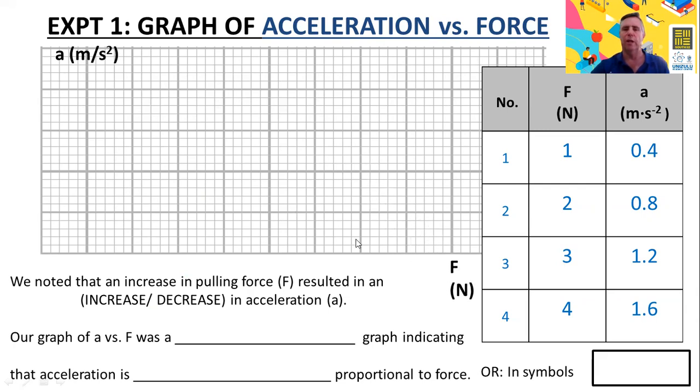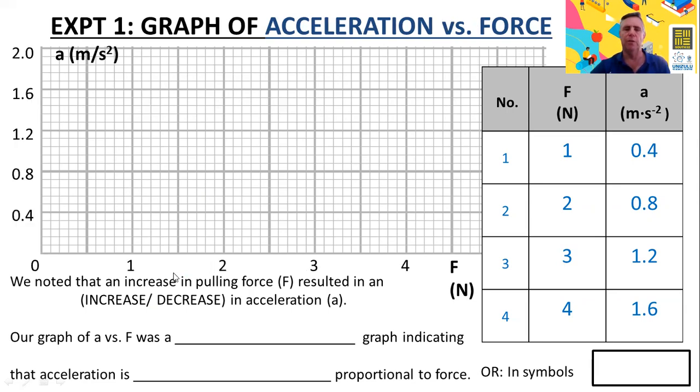On the horizontal axis, we've got force in newtons. Then our scale: we said that we would have 2 large blocks equaling 1 newton and 1 large block equaling 0.4 meters per second squared. Please notice the scales are very different, and please take note of that when you plot your points.